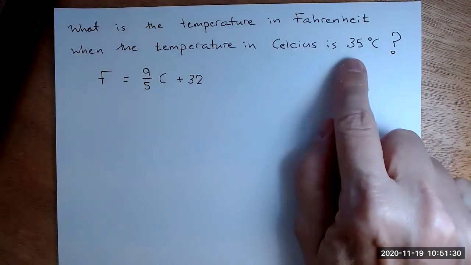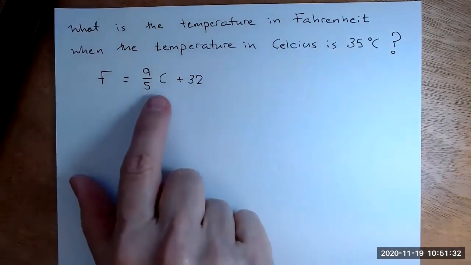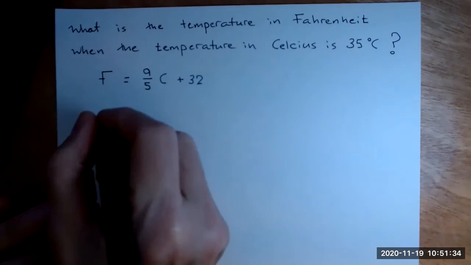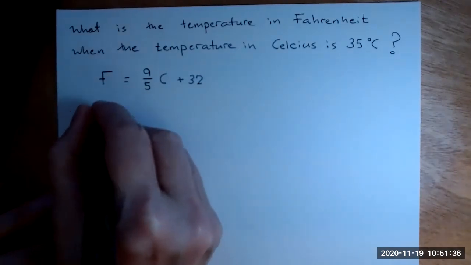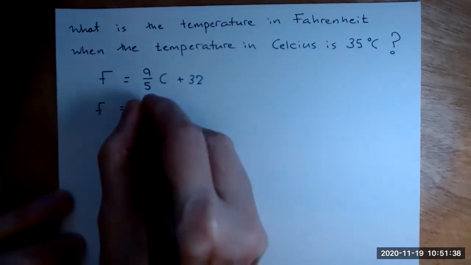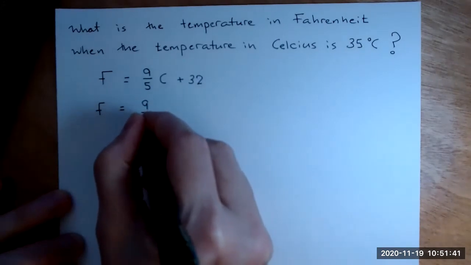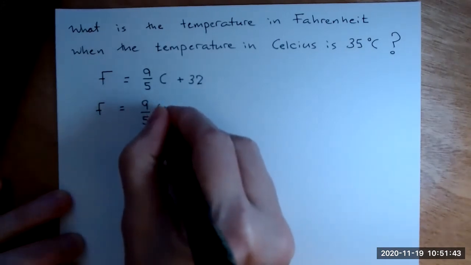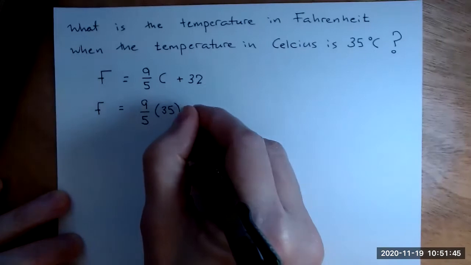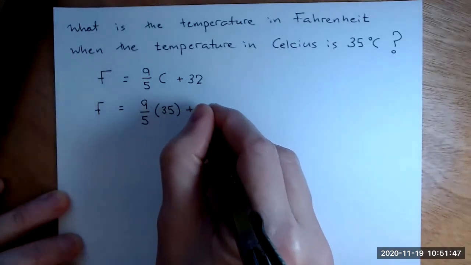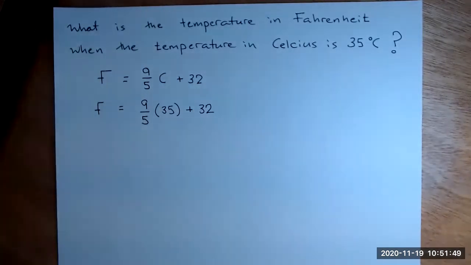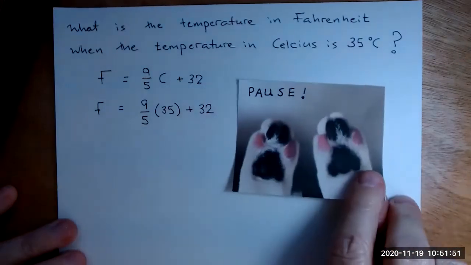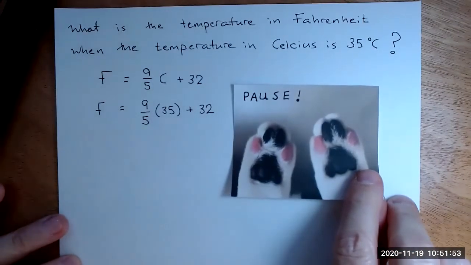So all you do is you simply put 35 where you see the C. And if you want, this is a good place to practice, so you could hit pause and do it on your own.